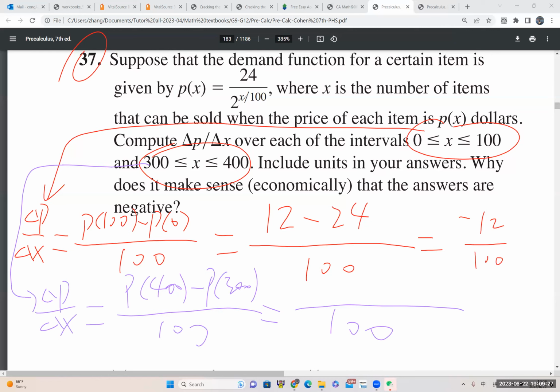So it's 24 over 2 to the 3, 25 through, right? Minus 24. Oh, hold on. This is not 4, it's 400, so something is wrong. So if it's 400 over 100, I just get 4.